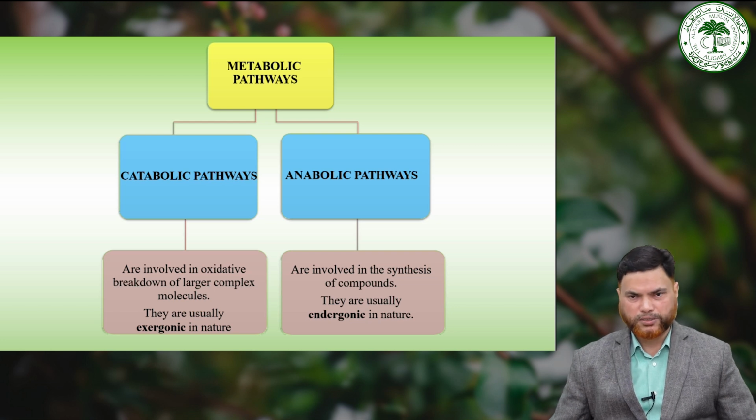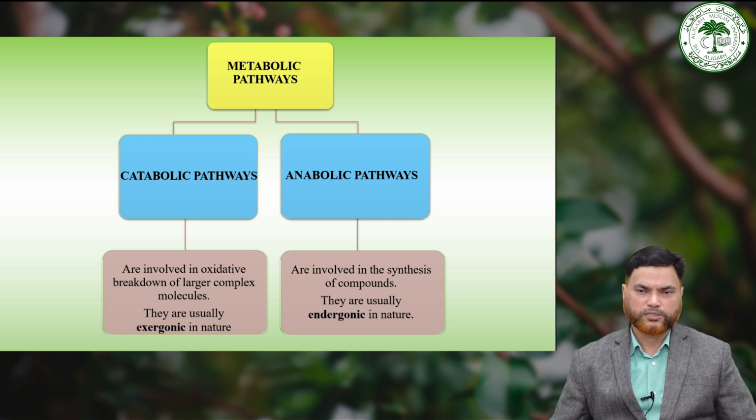So, in this series, one interesting example which you are going to learn in this series of lectures is cellular respiration, which involves breakdown of glucose to generate ATP molecules. And then in addition to this catabolic pathway, there is another pathway known as anabolic pathway.